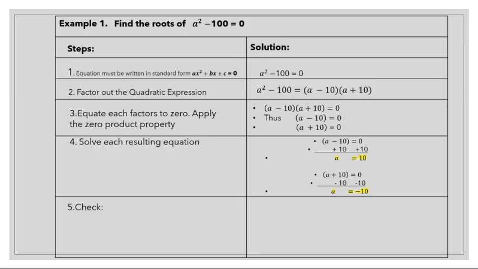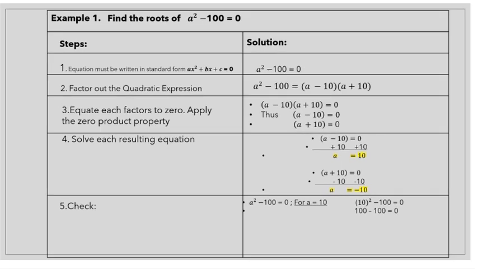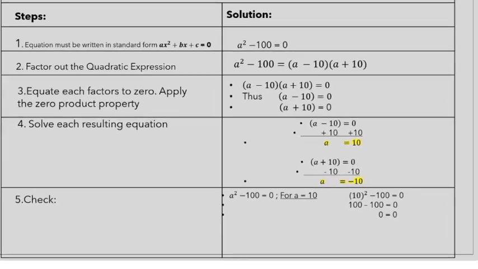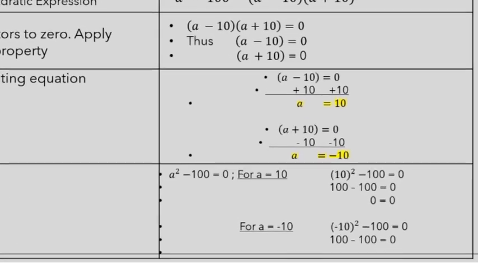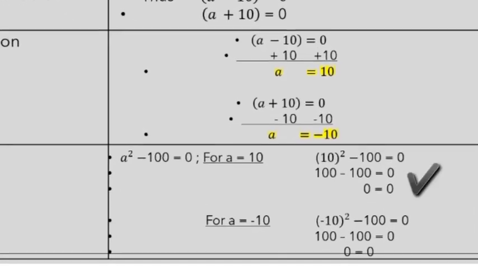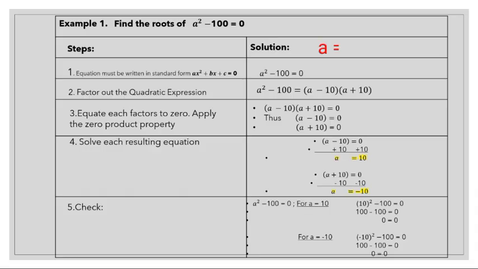Then last step, check the values obtained. Then, the solutions of a squared minus 100 equals 0 are 10 and negative 10.